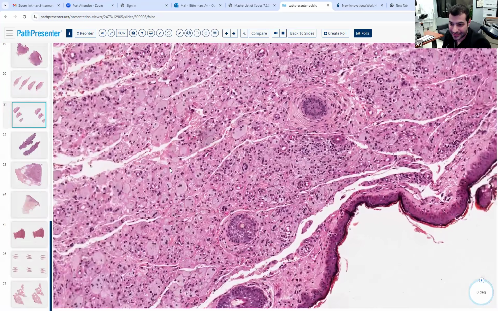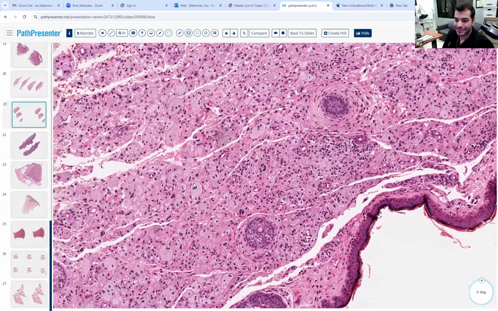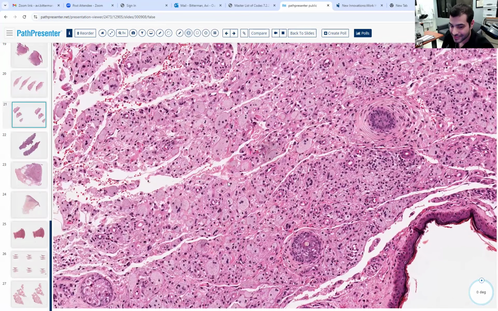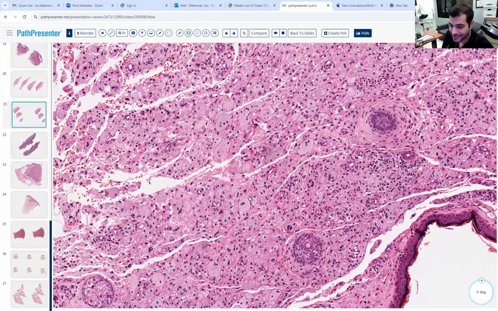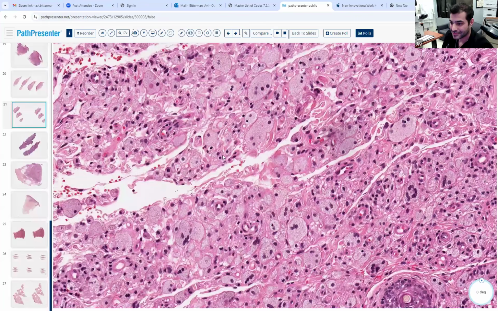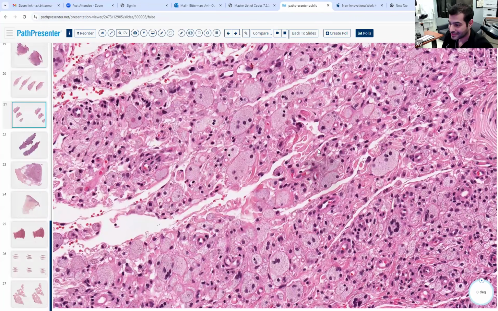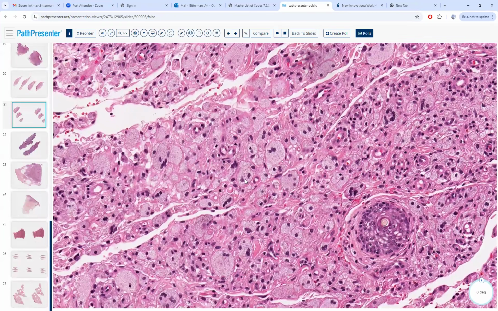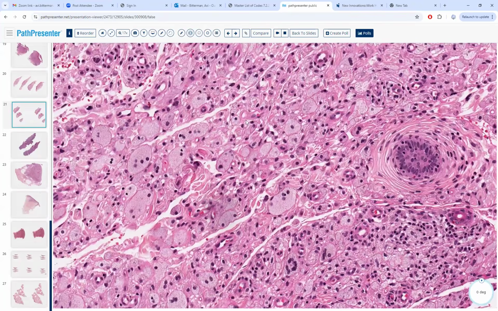what do we see here? These also look foamy. Outside or inside?